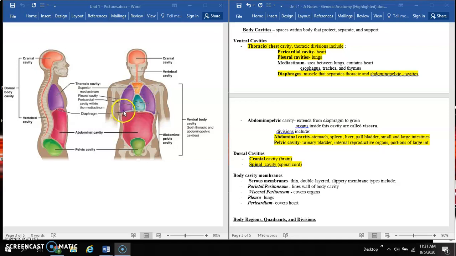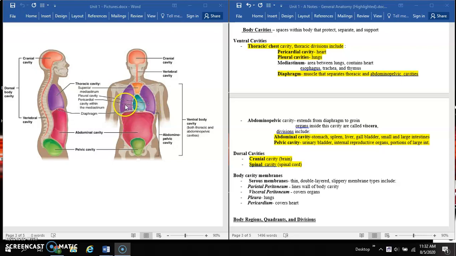And at the bottom here, you have a thin muscle that stretches completely across the inferior side of the thoracic cavity, and it serves as a division from this abdominal cavity here.